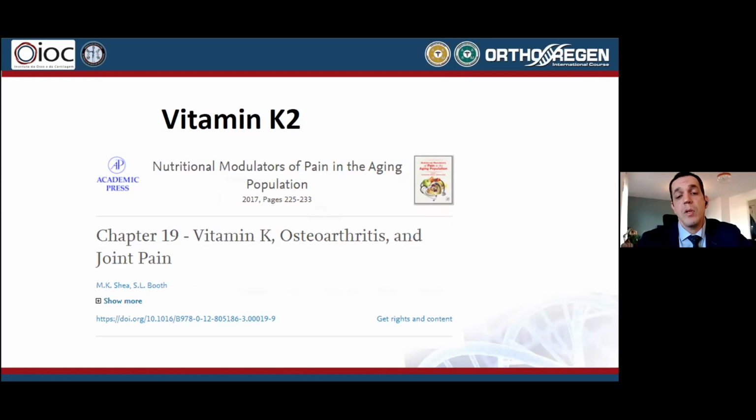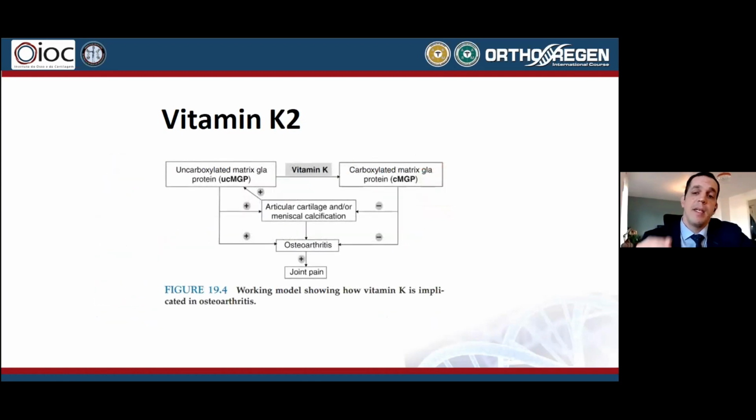And vitamin K is important because it carboxylates some proteins like the matrix GLA protein, that is very important to avoid calcification in the articular cartilage, which can lead to inflammation of the joint and cause osteoarthritis.